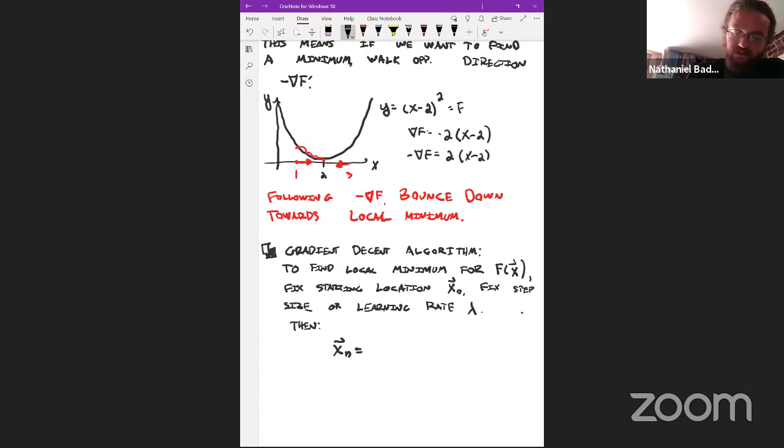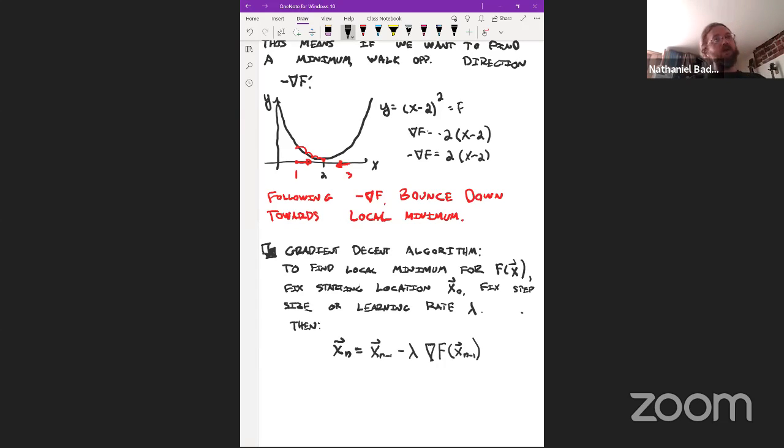So xn is going to be equal to x n minus 1 minus lambda times the gradient of f at x n minus 1.